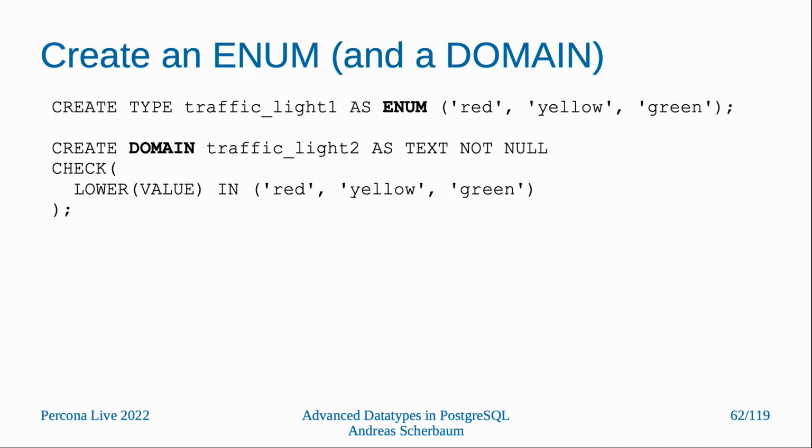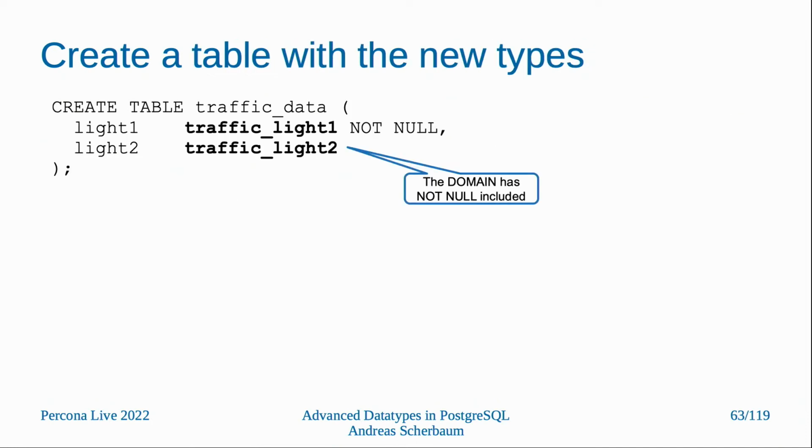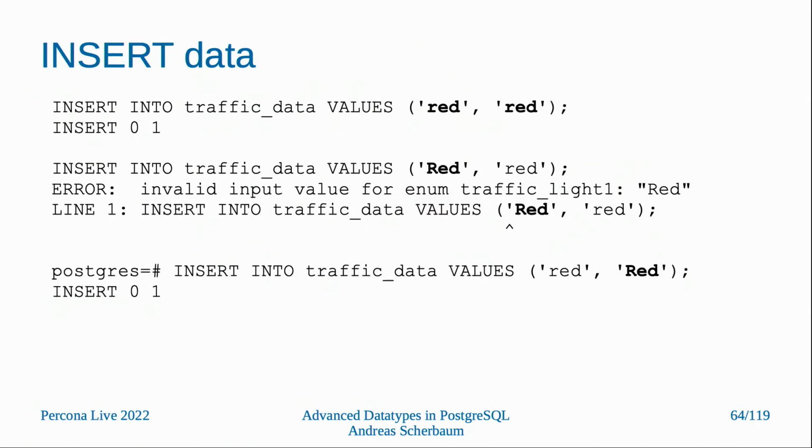So it doesn't matter if a user uses uppercase red or lowercase red or whatsoever, I can verify the lower value. I'm going to use this in a table. I have my enum type here, and now I have to do the not null here, because enum doesn't allow me to check not null before. In my domain type, it's already checked.